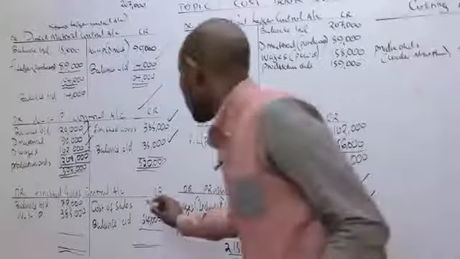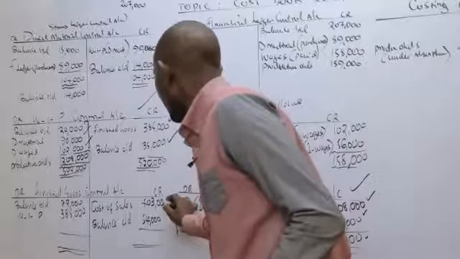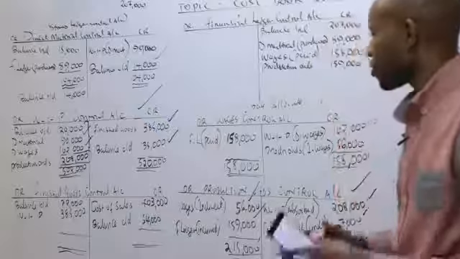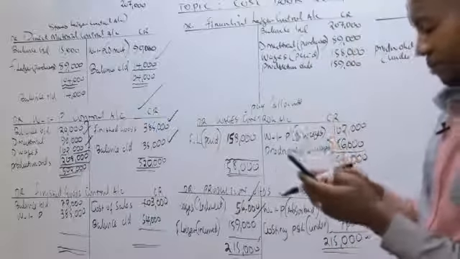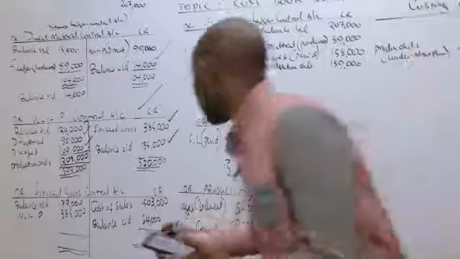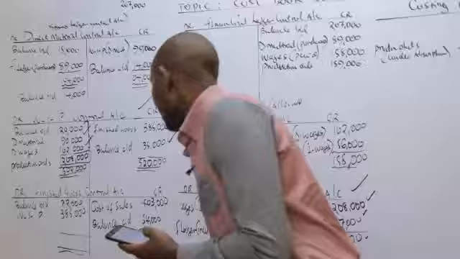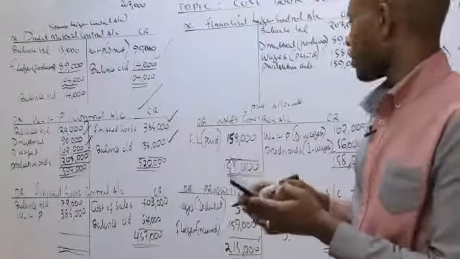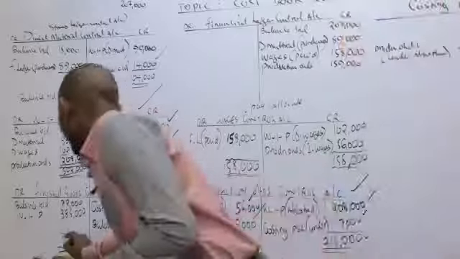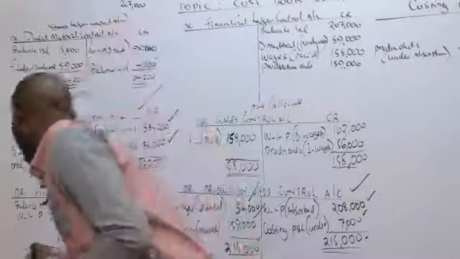403. So we say this is 403,000, so that it balances with what? What is 403 plus 54? 457. And 72 plus 385 again is 457. So remember to bring down your balance.